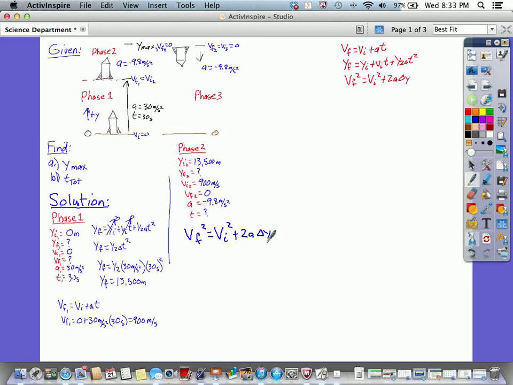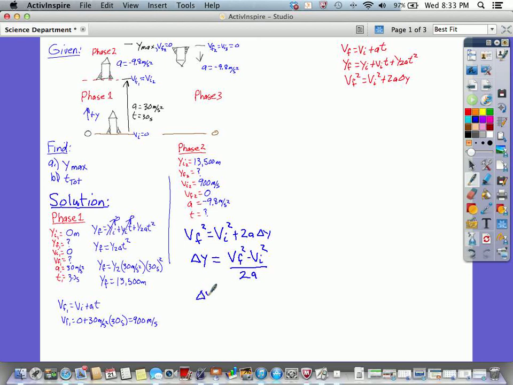V final is 0, but let's just solve this for delta y. Well, if you solve that for delta y, you're going to get V final squared minus V initial squared, all over 2 times a.